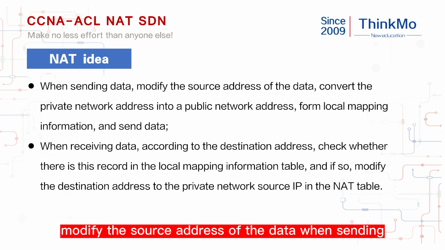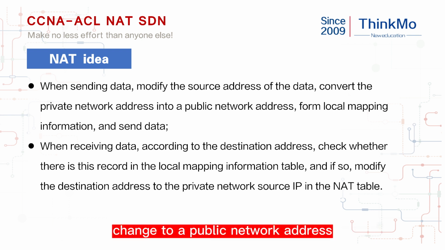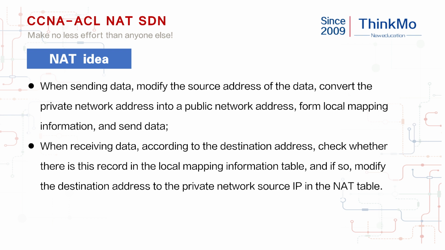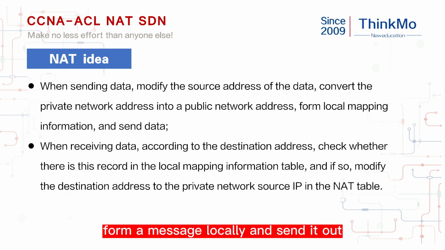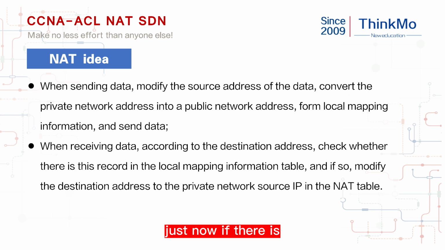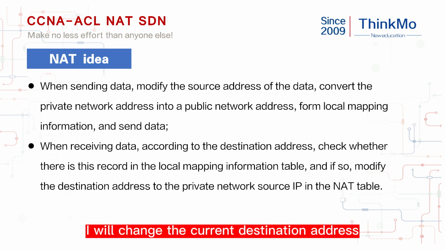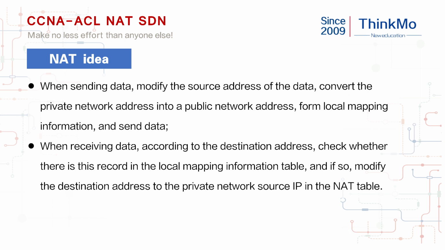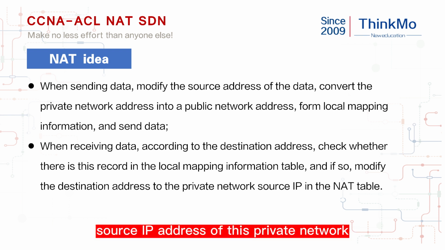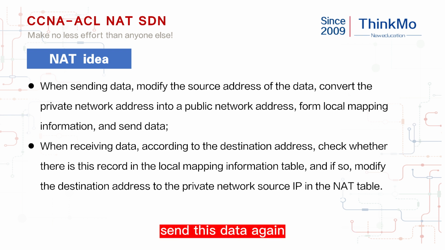When sending, modify the source address of the data to a public network address, form a mapping locally, and send it out. When receiving data sent to this public address, I check the local mapping table: is there a private address that was just converted to this public address? If there is, I change the current destination address to the original private source IP address and send the data on. It might be a bit abstract.